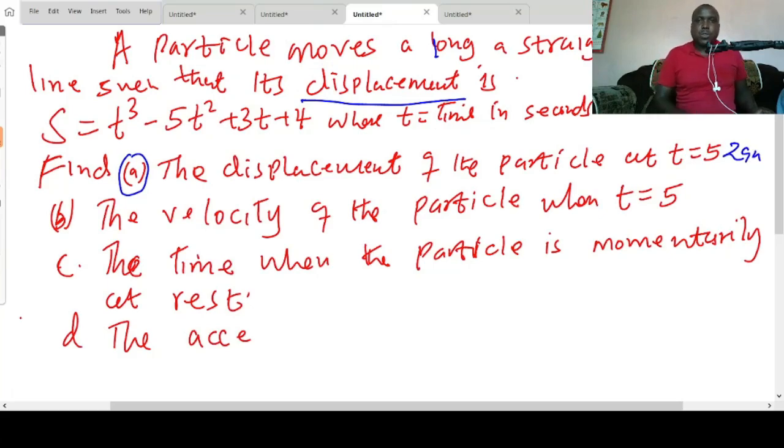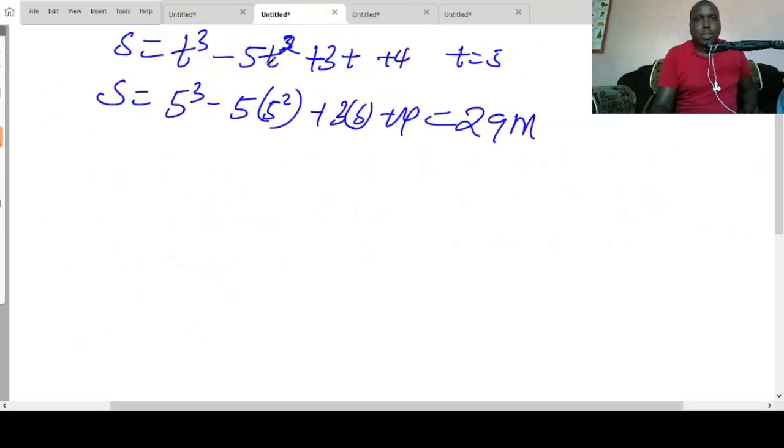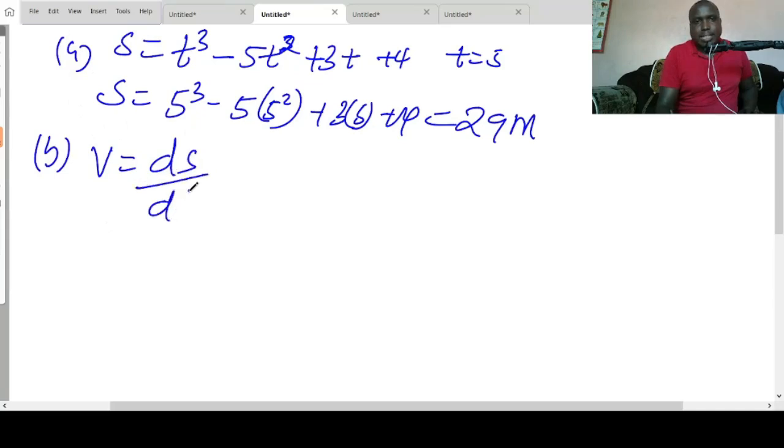Find the velocity of the particle when time is equal to 5. To get the velocity, I have said you differentiate displacement. That is s. We have finished A, now B. Velocity is equal to ds over dt. So that one will be 3t square minus 10t plus 3.